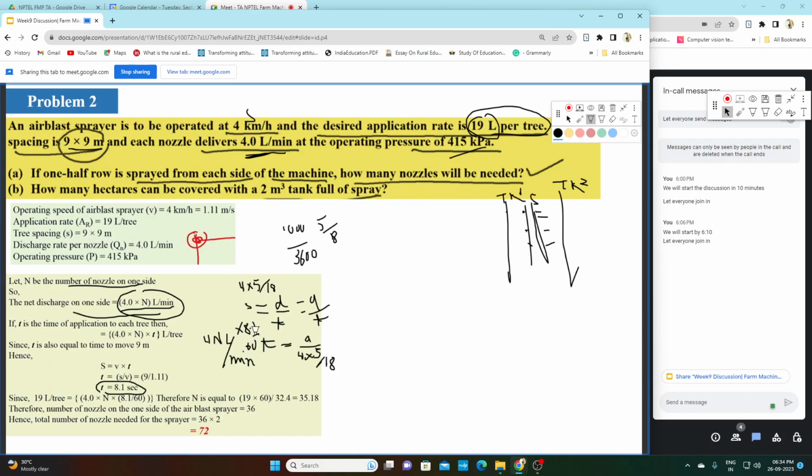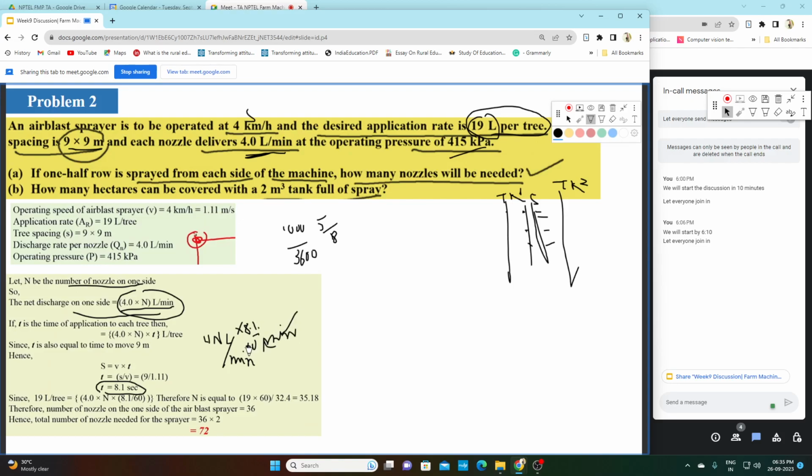So I was telling, 4n liter per minute is your discharge rate on one side, and for each tree you require 8.1 second. 8.1 second is 8.1 by 60 minute.